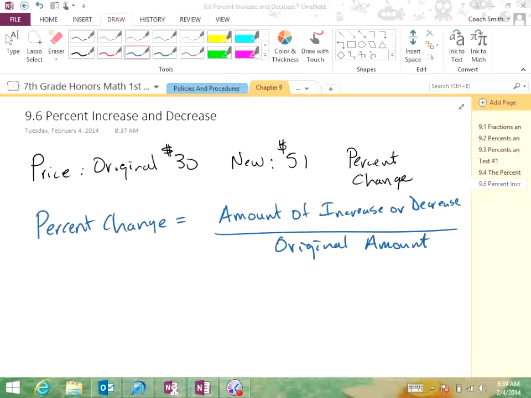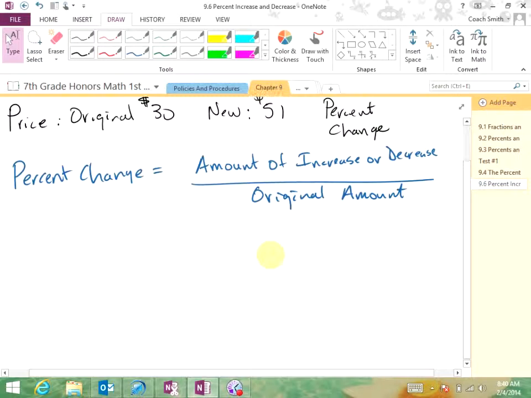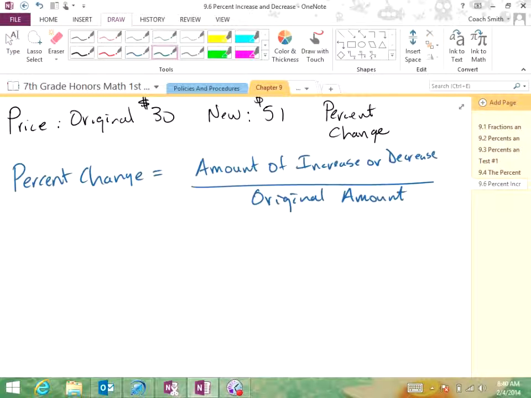Okay, the amount of increase or decrease over the original amount. Obviously, if the new amount is greater, it's a percent increase. If the new amount is less than the original amount, then it's a percent decrease. Okay, so let's look back to this problem. First of all, I have to find out what the amount of change is.